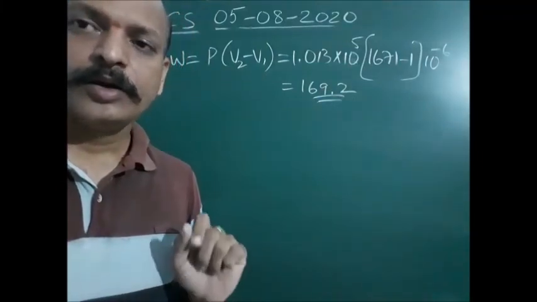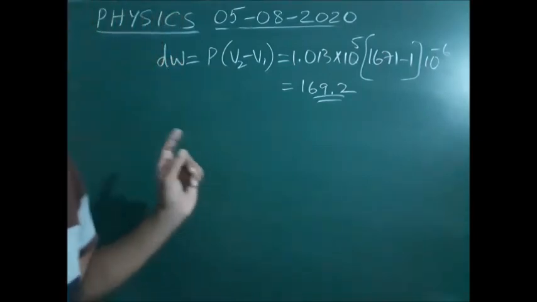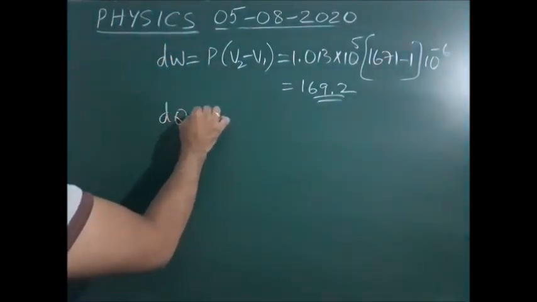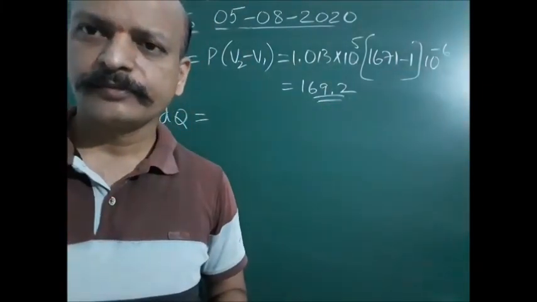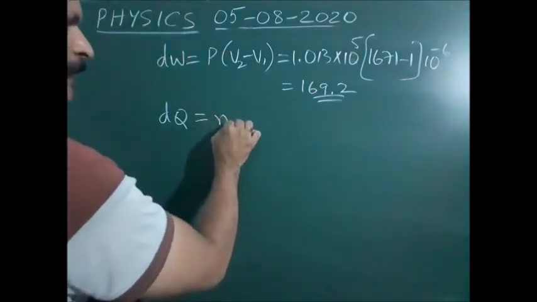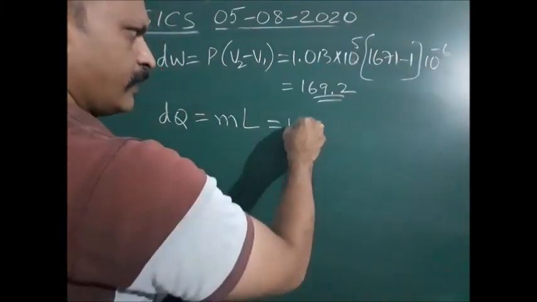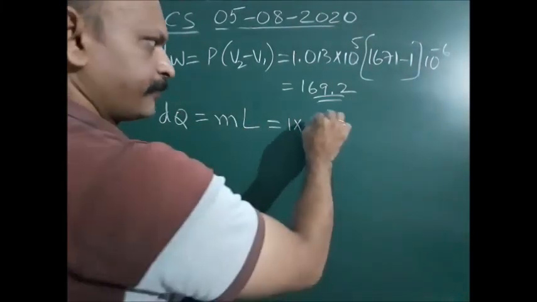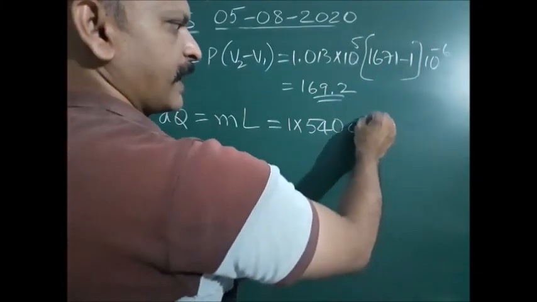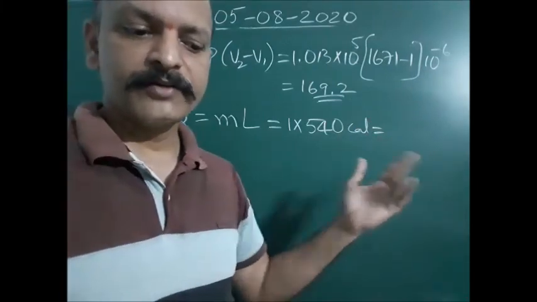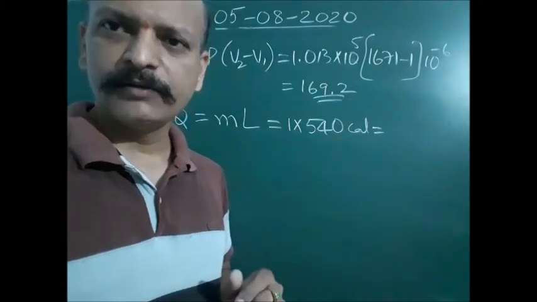dW. But it is asking dU, change in internal energy we have to find out. For that, the heat energy given in this case is to convert the water into steam. That means the mL formula, mL. Okay, m is 1 gram, L value of steam is 540, that will be calorie per gram. So this will be 540 calorie. But when we convert into joule, we should multiply with 4.2. 540 multiplied by 4.2.